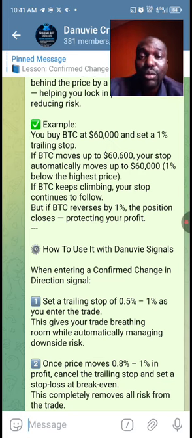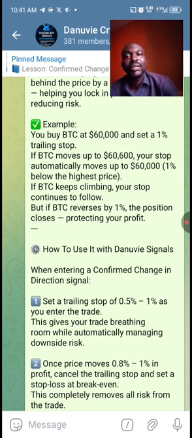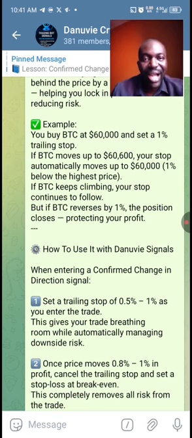So if you make an entry on Bitcoin at $60,000 and you set a trailing stop of 1%, your trailing stop is going to start at $59,400, because 1% of 60,000 is $600. So you just do 60,000 minus 600, and that gives you $59,400.